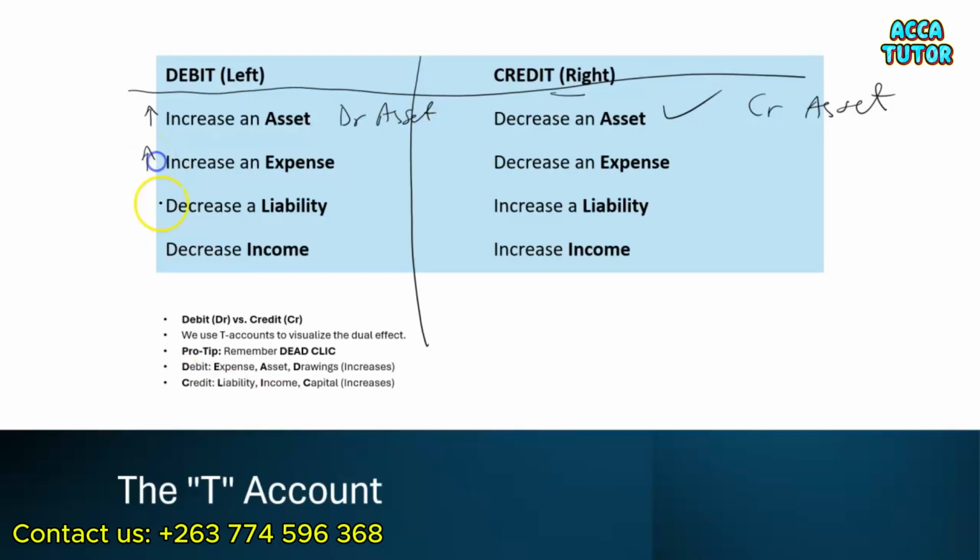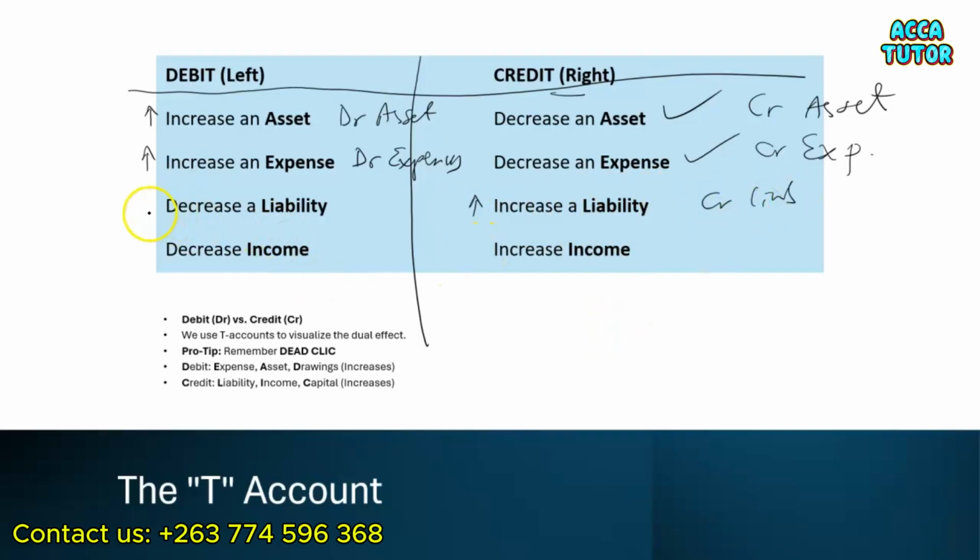Similarly, if the expense is increasing, we debit expense. But when the expense is being reduced, we are crediting expense. Liabilities, profits, and so forth, are by default credits. So when a liability is increasing, this is the default position: we are crediting liability.